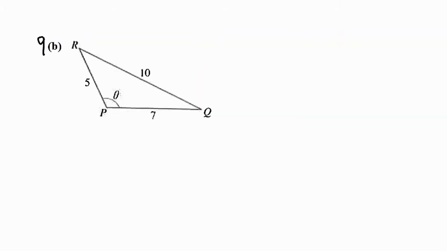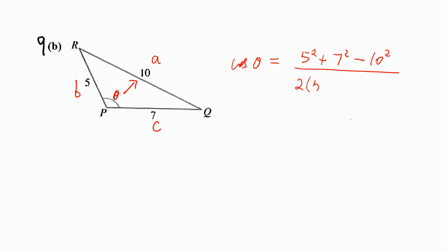Next, for 9b, angle theta is opposite 10 cm. So this is our side a, side b, side c, and that's the angle A. So for cosine theta, we can directly apply the formula: 5 squared plus 7 squared minus 10 squared over 2 times 5 times 7.